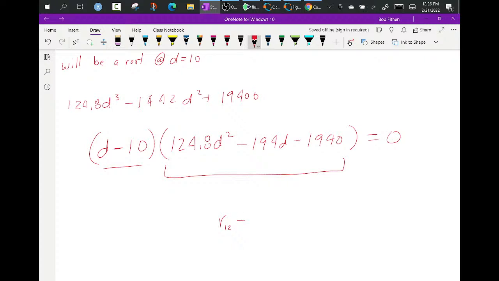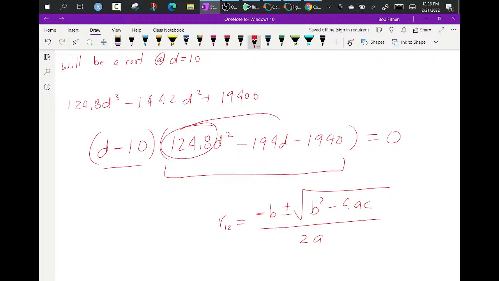Sometimes it'll list it that way: b plus or minus the root of b squared minus 4ac over 2a. We have to identify a, b, and c.